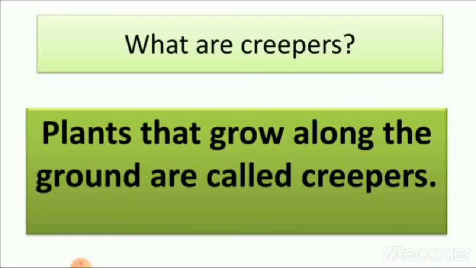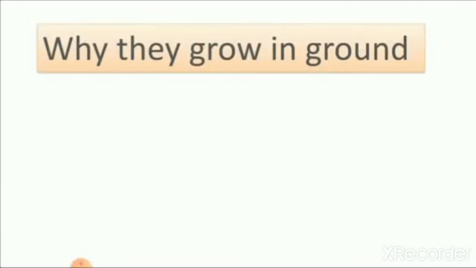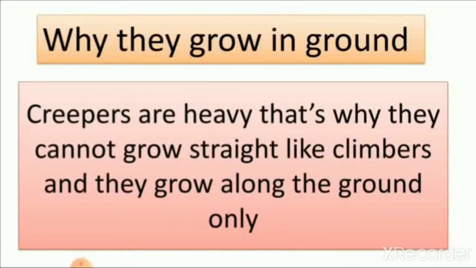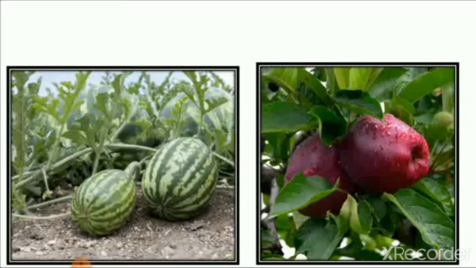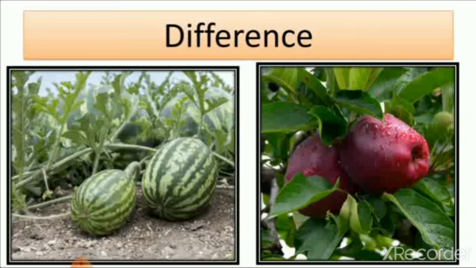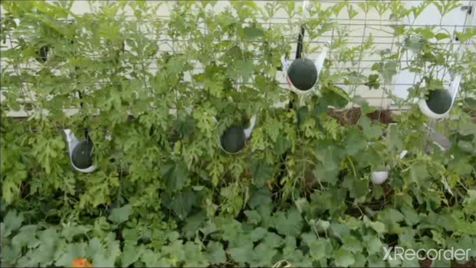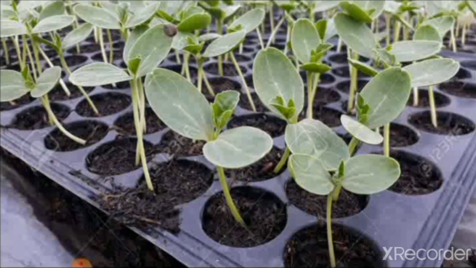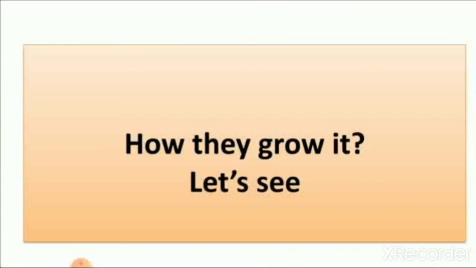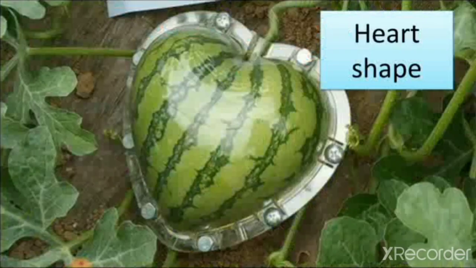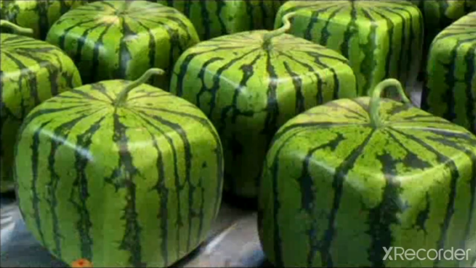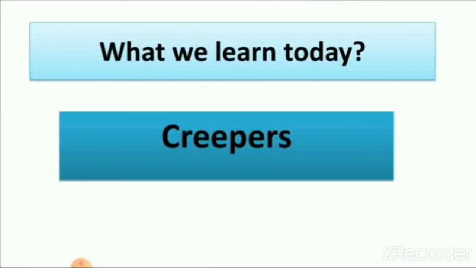What are creepers? Plants that grow along the ground are called creepers. Why do they grow along the ground? Because they all are heavy. They do not grow like small fruits. Take care of the plant when you grow a creeper. An interesting fact about watermelon is that they grow in shape. So what did we learn today about creepers?